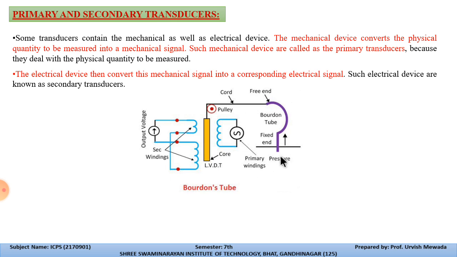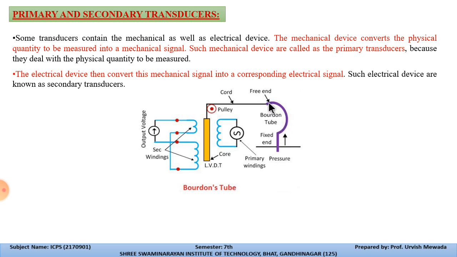Here we are giving pressure as the input. This Bourdon tube has good elasticity. As we give the input pressure, the shape of this Bourdon tube will expand, and it will try to stretch and become straight.